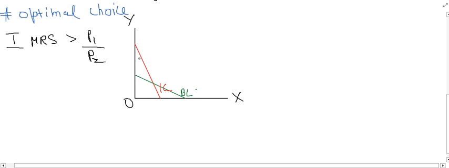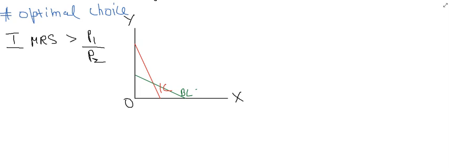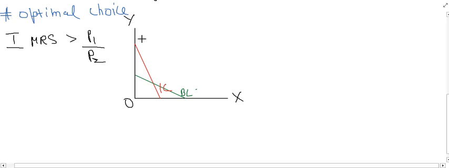Since our IC is steeper than the budget line, we need to look at the highest IC we can reach where the consumer is spending all of his income and deriving the highest utility possible. So let's start moving our IC a bit. Is this the highest IC? No, he can even do better. So let's move it here.